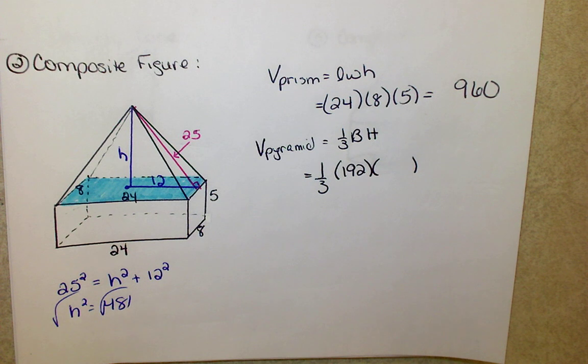Let me double check to make sure I got the numbers that I wanted. If not, we'll just keep rolling with it. It's no big deal. Yep. I wrote a number in wrong. Let's try this again.